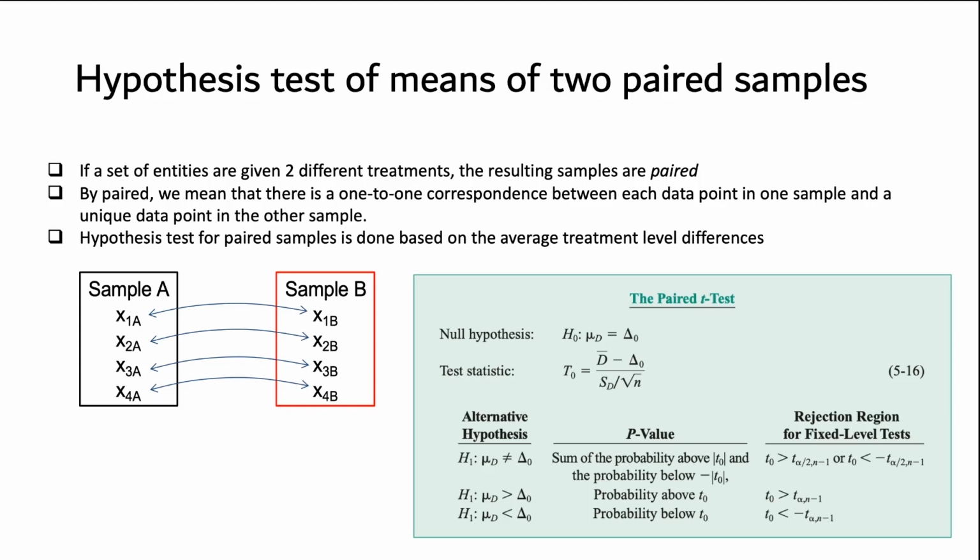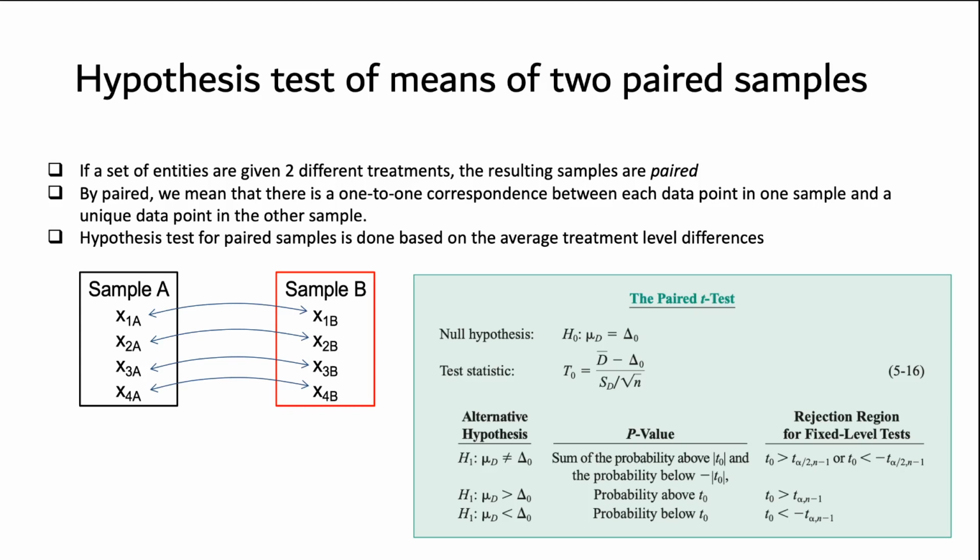The test statistic for the paired t-test is shown in equation 5-16. This equation can be obtained from the Montgomery book, our textbook. T0 equals d bar minus delta 0, divided by s_d divided by square root of n. D bar is the sample average of the n differences d1, d2, until dn.